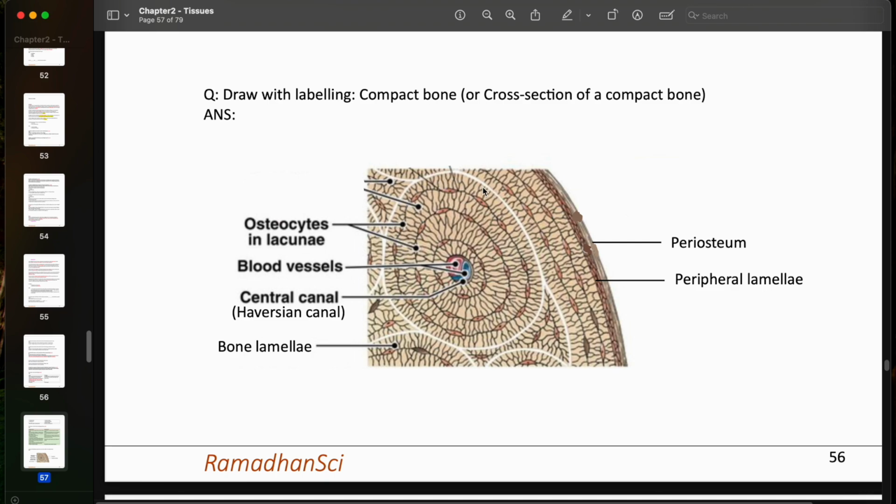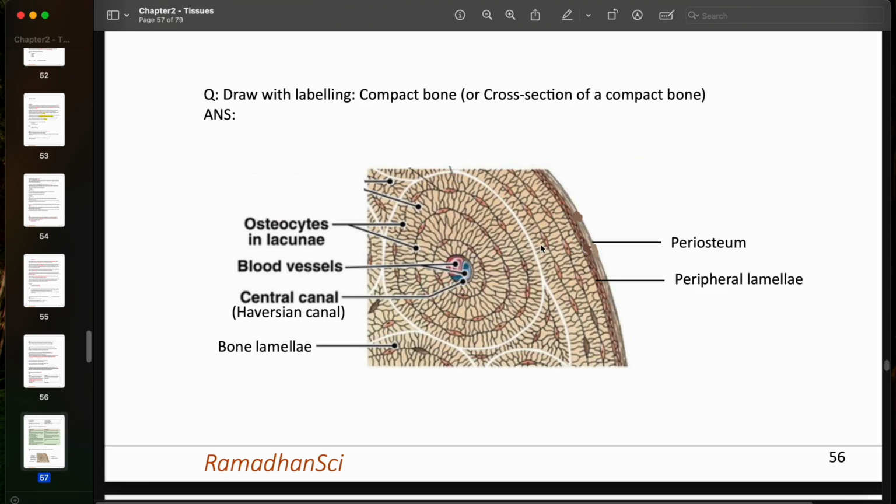So these are called concentric bone lamellae. Now, concentric means circles or layers that share the same center. So each bone lamella here is forming a ring-like structure, and they all share a common center.